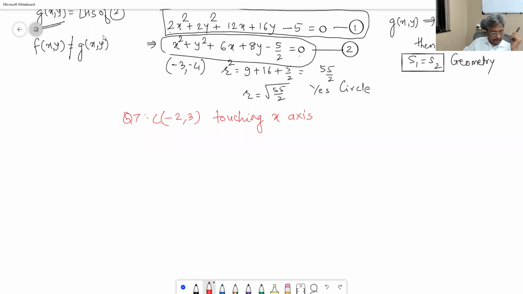Find out the equation of circle in general form or standard form.